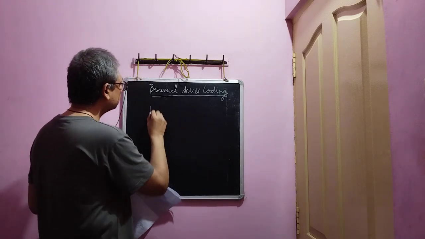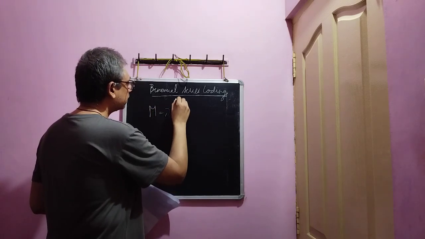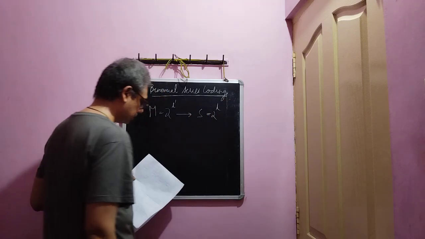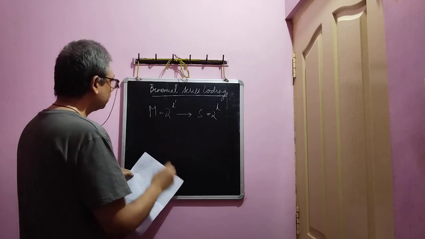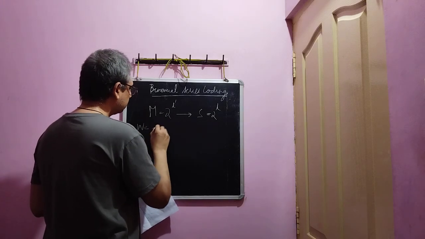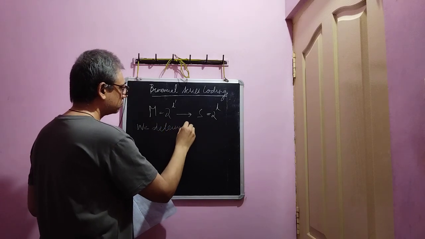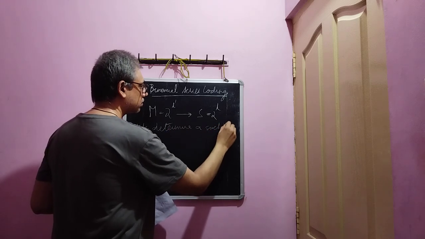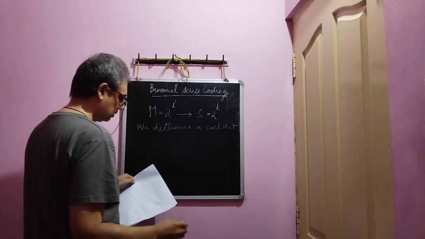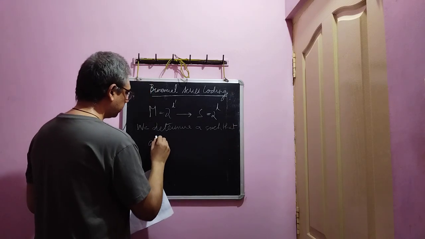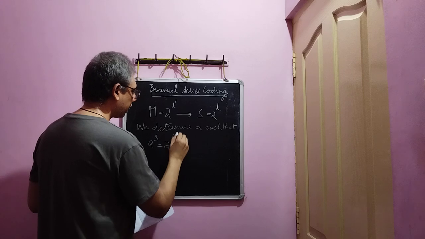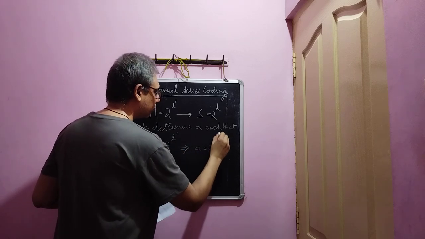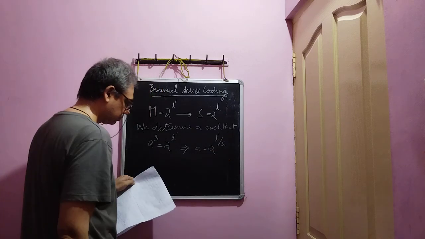So the mapping is m equal to 2 power L dash must be mapped to s equal to 2 power L. Now we determine A such that A power s equal to 2 power L dash, which implies A equal to 2 power L dash by s.